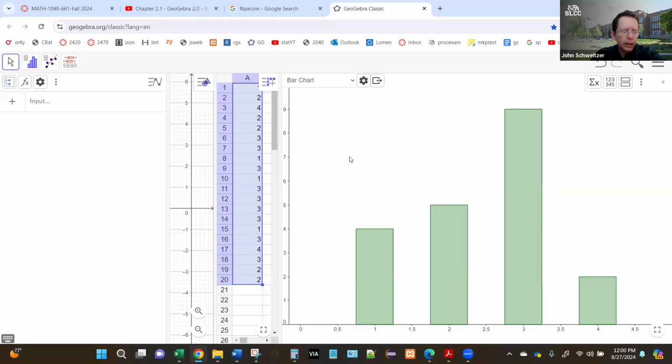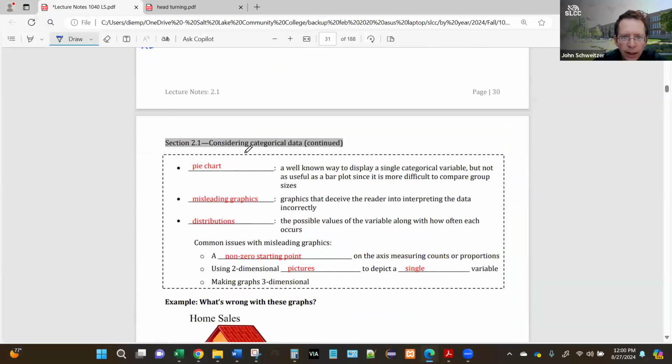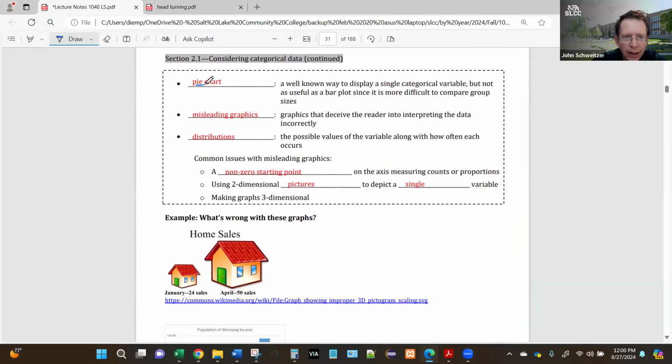Well, the bar chart is the most commonly used graphic for categorical data, but there is another one that's commonly used. I want to throw some shade at this, I guess you could say. The pie chart is commonly used, but it's not quite as good as the bar chart.